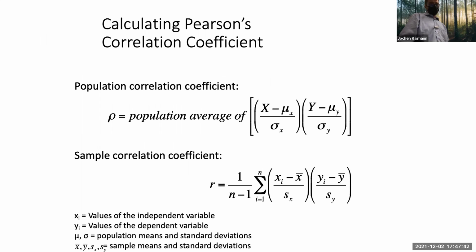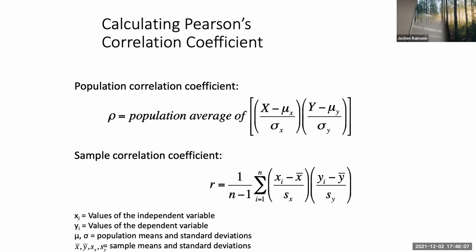So the way to calculate this is comparable. For each entry, you're building products. You have an xi, and you subtract the mean from that xi. So this is the individual x entry.